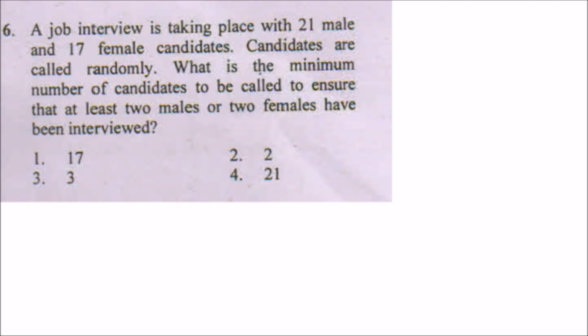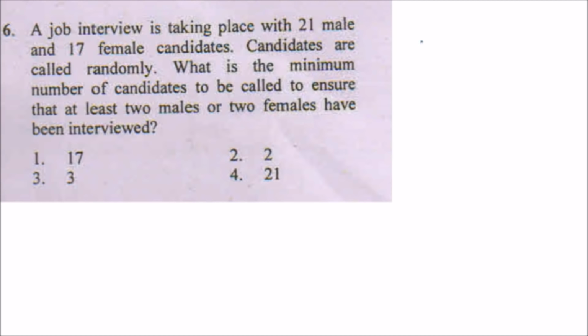The next question: a job interview is taking place with 21 male and 17 female candidates. Candidates are called randomly. What is the minimum number of candidates to be called to ensure that at least 2 males or 2 females have been interviewed?